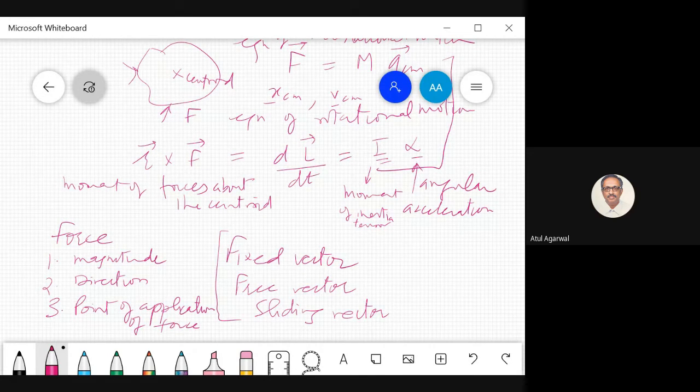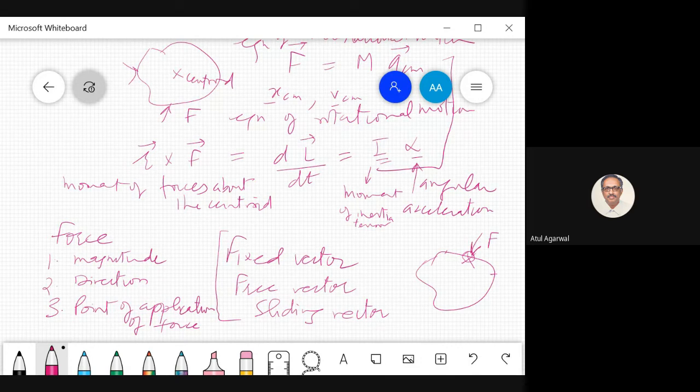So if you have a body, you apply force somewhere here, then what happens? At this point, it will feel some pressure. You are applying force here, it won't feel pressure here. It won't feel pressure here.